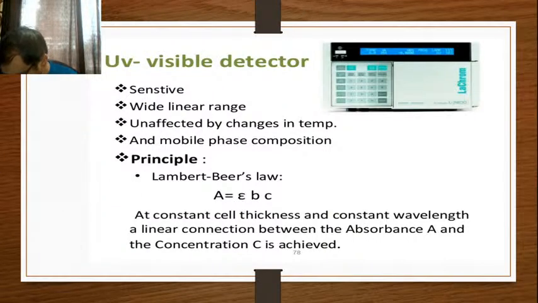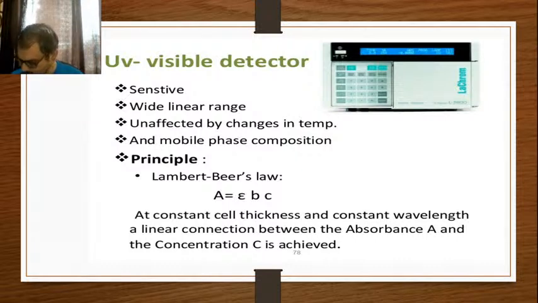UV. So comment in the chat box: how many types of UV detectors are there, and which are they?